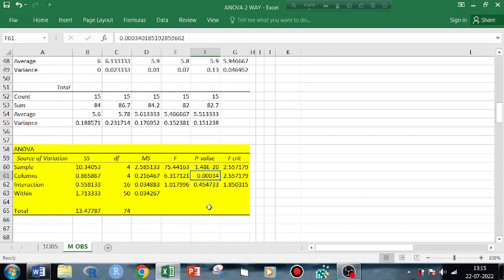Again this p-value is less than 0.05, so we reject the null. Now this p-value is more than 0.05, so we have to accept the null. Now why am I saying this? Because the lesser the p-value, the greater the evidence of rejecting the null, and the higher the p-value, the greater the evidence of accepting the null.